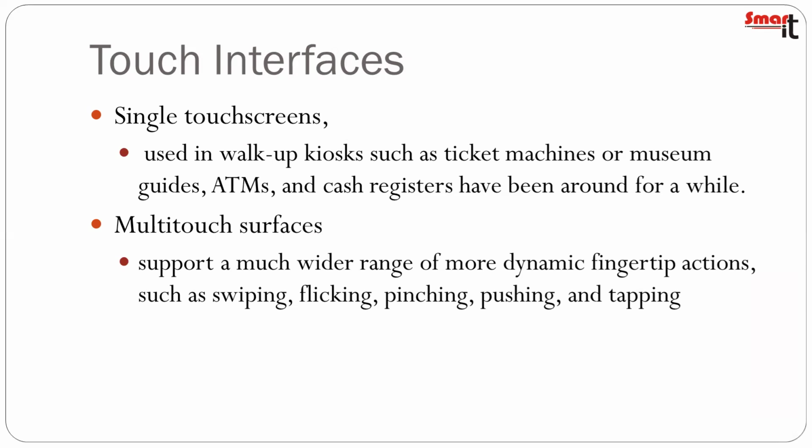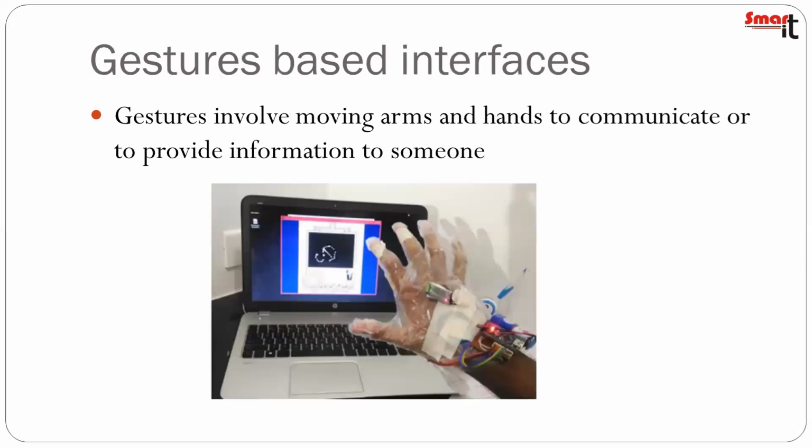And sometimes we just put our finger and take it out like that. So we are interacting by touch, but not the same touch, giving different types of input, but with the same device. We call that multi-touch screens.